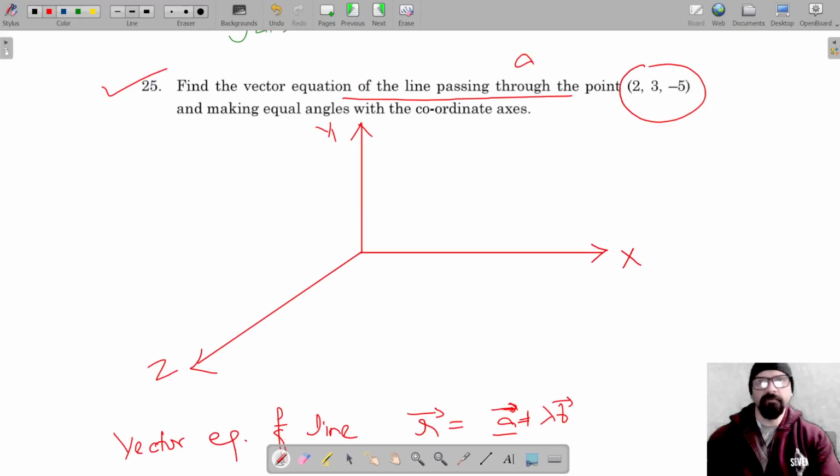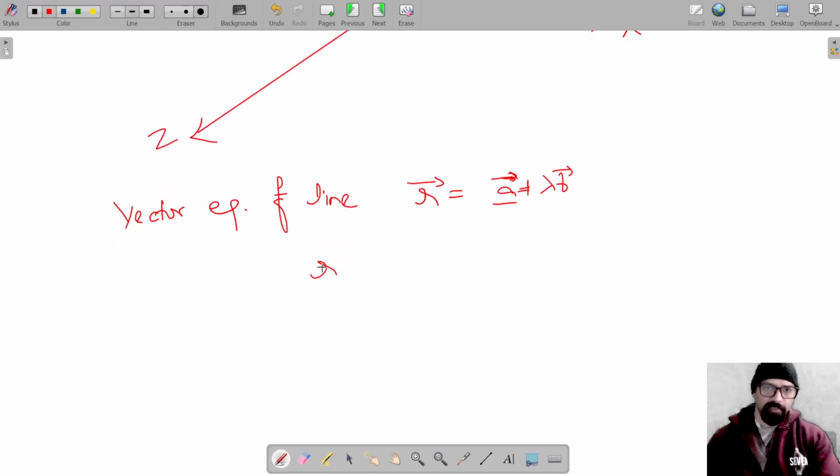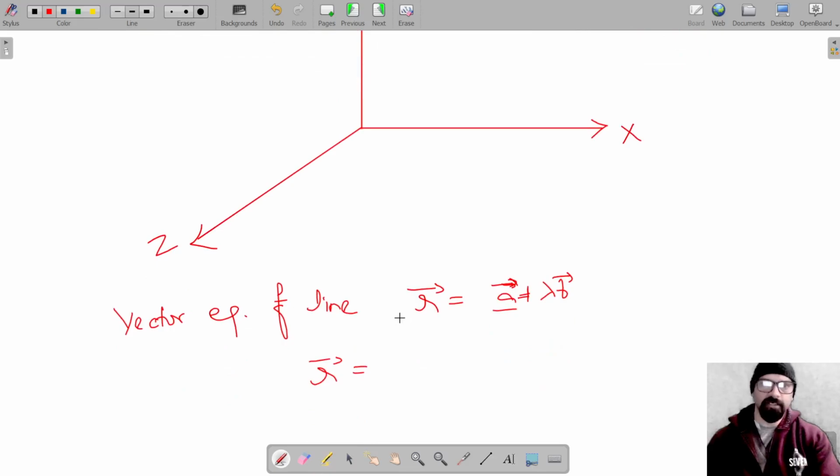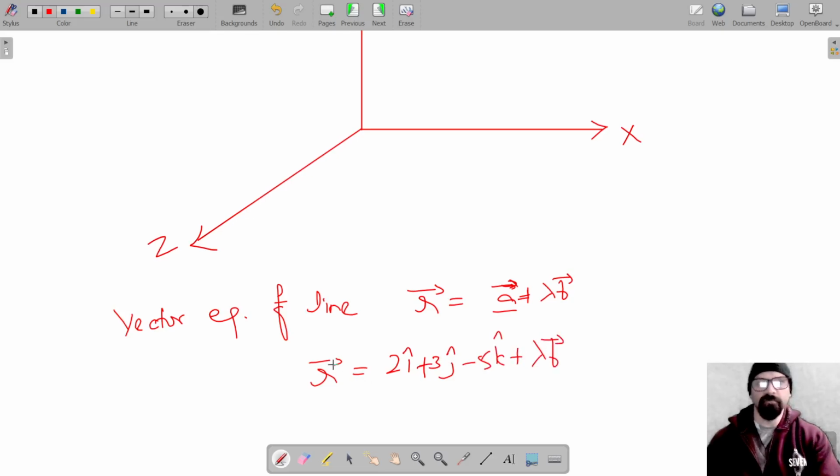The position vector of this point is 2i cap plus 3j cap minus 5k cap. So the equation of the line is 2i cap plus 3j cap minus 5k cap plus lambda into b vector. This is the vector equation of the line.